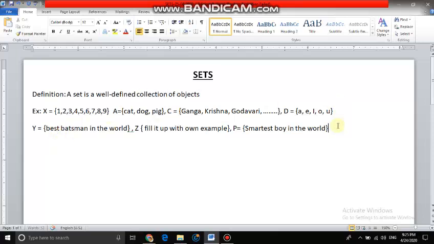Now, the representation of a set. How do you represent a set? There are two ways to represent a set: one is roster form and another is standard form. Let's see what the roster form is and how to use the standard form.